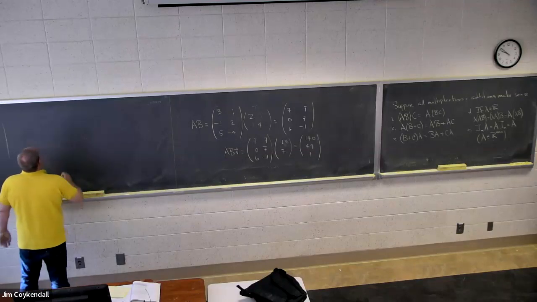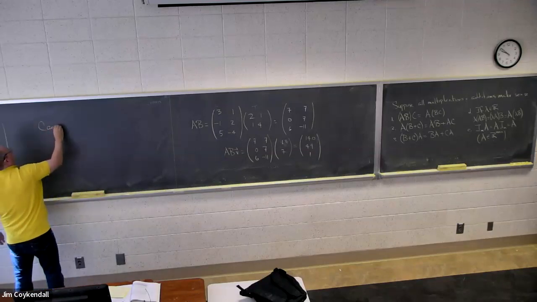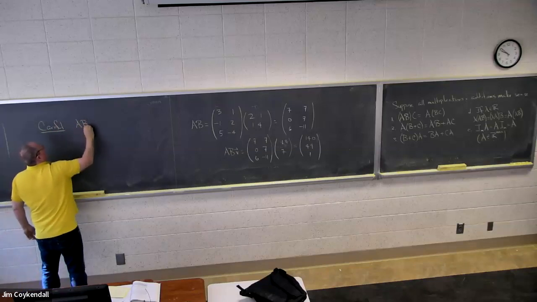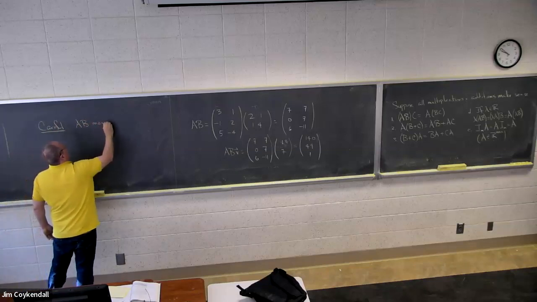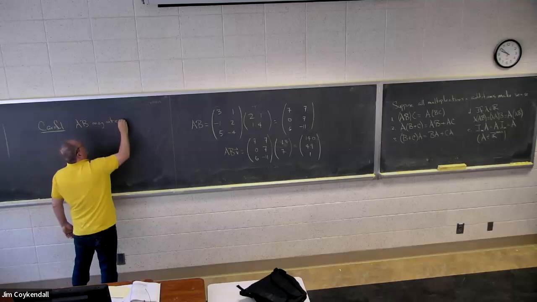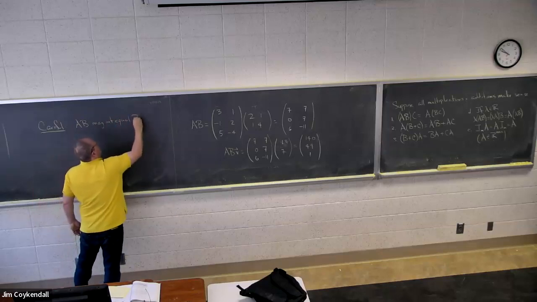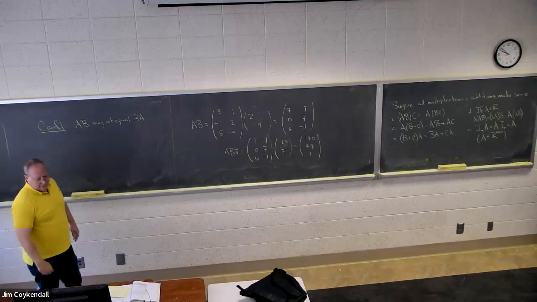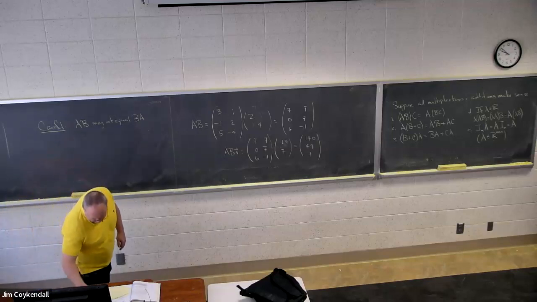Let me make the following remarks, careful. In fact, you might not even be able to multiply them in the other order. And even if you can, they're not necessarily equal.